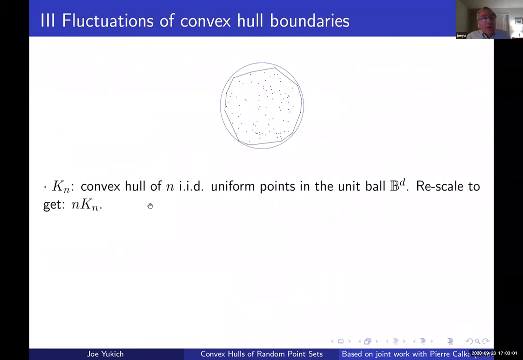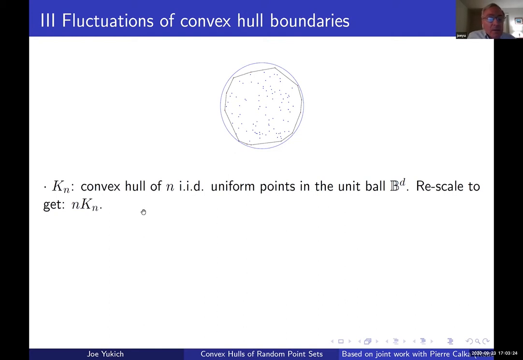Okay, in this third part of the talk, I'd like to speak about fluctuations of convex hull boundaries. In the last part, we dealt with expectation and variance asymptotics. And now let's try to understand the fluctuations of the convex hull boundary.